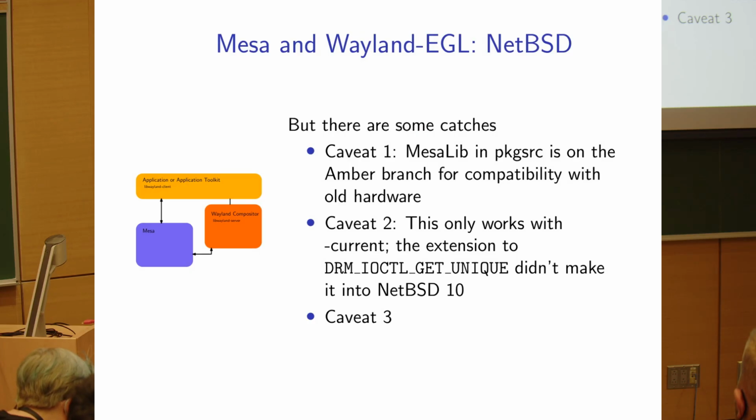And then, remember I said that getunique would come back up again? Taylor fixed this in current a couple months ago, but it didn't make it into NetBSD 10. So right now, if you try to start up a Wayland application that uses EGL, it will fail because the getunique call will fail because it's not allowed, or denied, on render nodes.